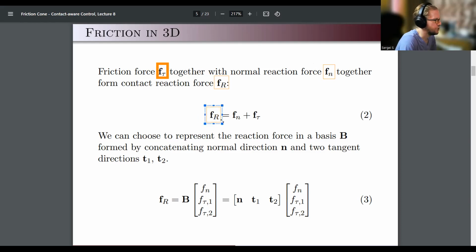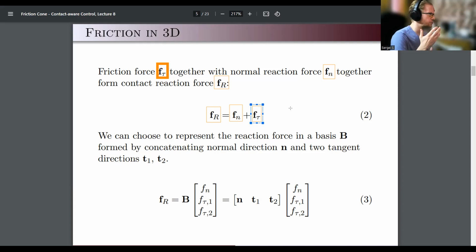So contact reaction is equal to normal plus friction. And it is not surprising because friction force is in a tangential direction, and normal reaction is in a normal direction. Together, they form R3.